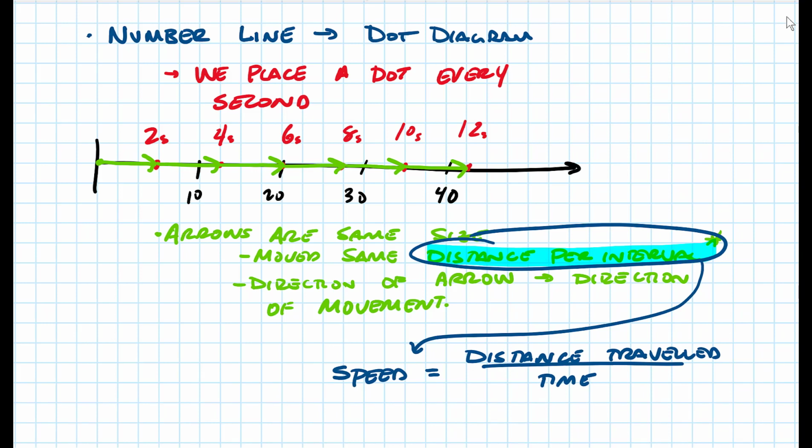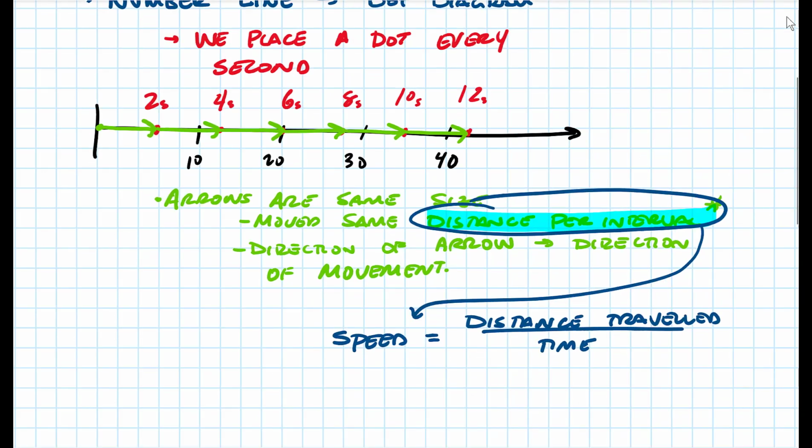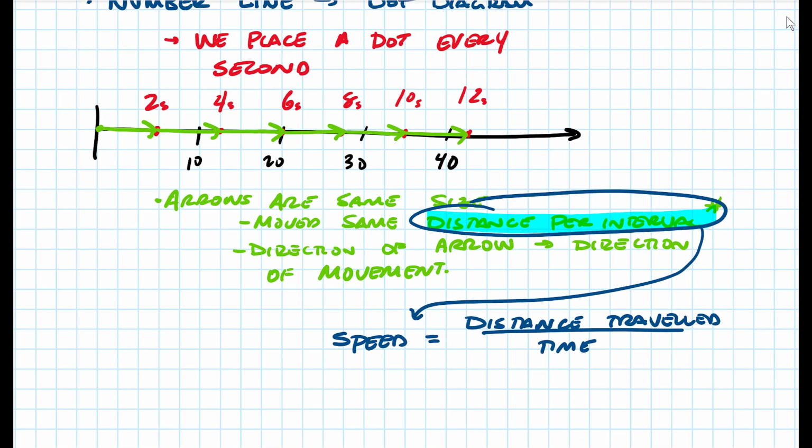And what that really gives us is an indication of the distance traveled per interval. So speed is distance over time, distance traveled per interval. What that's telling me is that the size of the arrow is equal to the size of my speed. The bigger that arrow is, the faster I go. That's looking at dot diagrams.